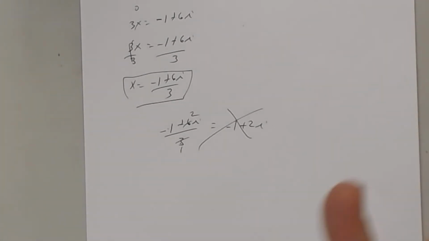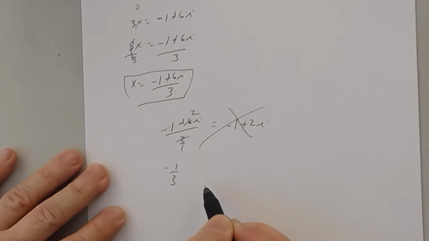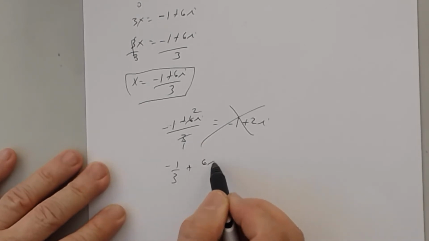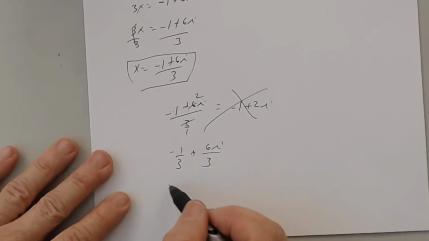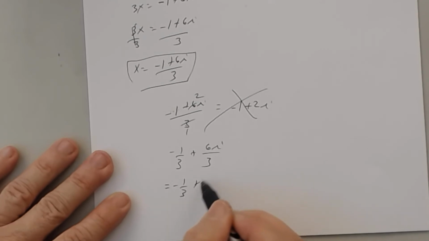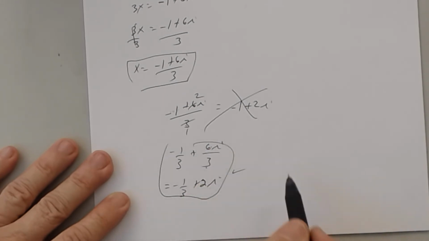There's nothing wrong with what I'm about to do. That's negative 1 divided by 3 plus 6i divided by 3. That's what that is. And then you can reduce now. Negative 1/3 plus, and what's 6 divided by 3? What's 6 divided by 3? 2. 2i.